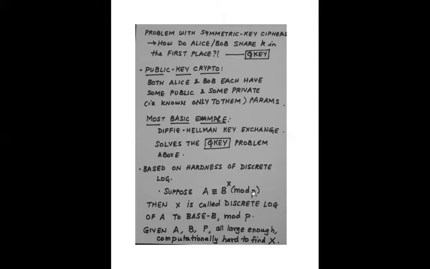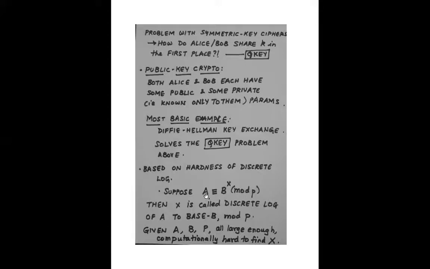So in this case, a is said to be congruent to b to the power of x mod p if a minus b to the power of x is divisible by p. You can talk about equivalence classes that are equivalent by the modulo relation and so on, but this is going to be the notation we are using.